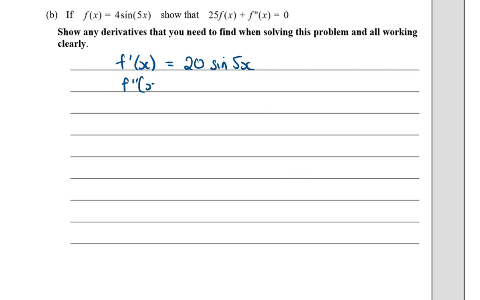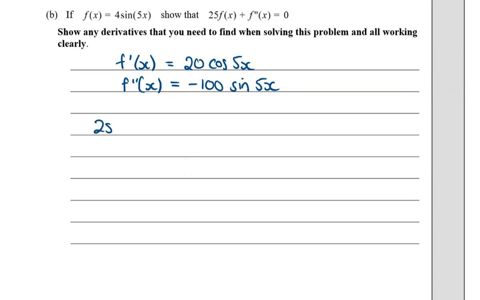Now f double dash, if we differentiate that again, oops, I should have changed that sign to a cos. Cos differentiates to minus sine. Again, we've got to times by the 5 that's inside of that, so we get minus 100 sine 5x.